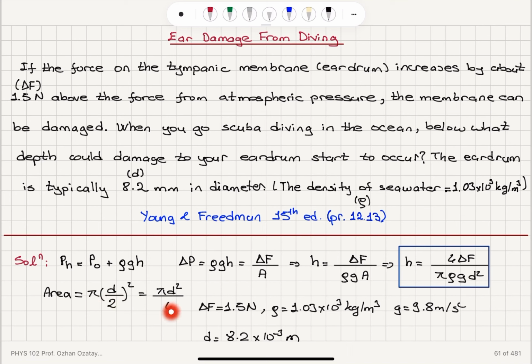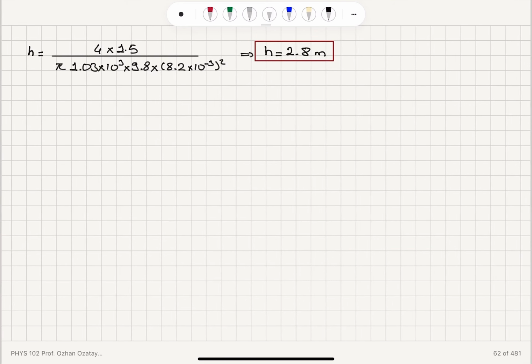So we have πd squared over 4, which we substitute into this expression for h, ΔF over ρgA. We find 4ΔF over πρg d squared. If we substitute the given numbers, we find that the threshold depth is 2.8 meters.